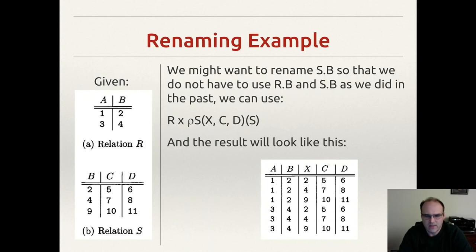Here is an example of one that we had earlier where we had sets R and S, and this is the one where we were just joining on B. So we had R.B and S.B. Now what we're doing is we're renaming S.B to X. Once that's done, you don't even have to worry about R.B because there's no longer two of the same thing, so it just reverts to being B. It was only R.B because there were two of them, and if you rename one of them, then there's no longer two, right?